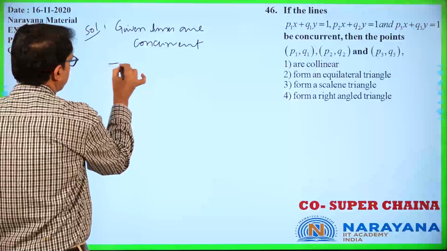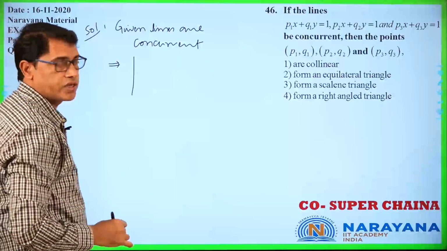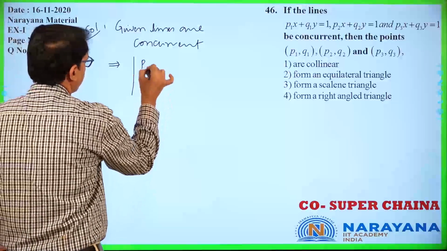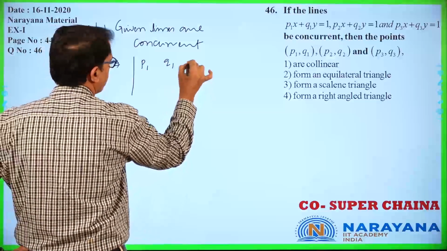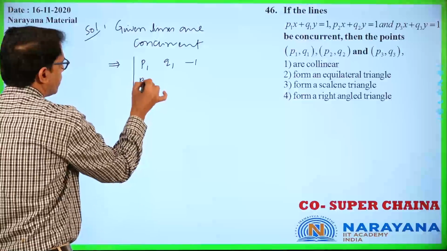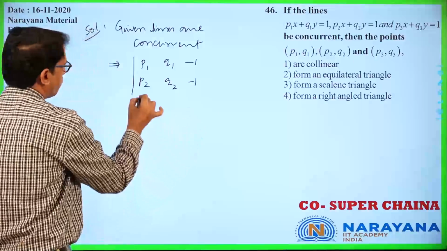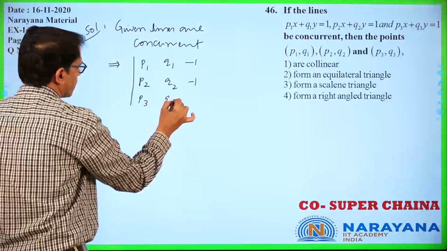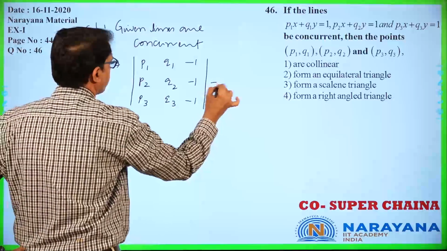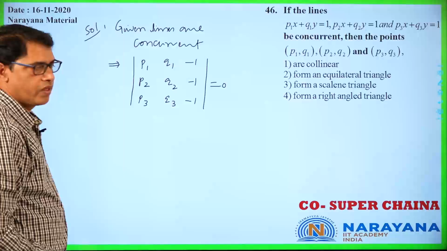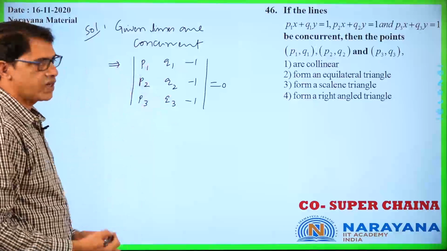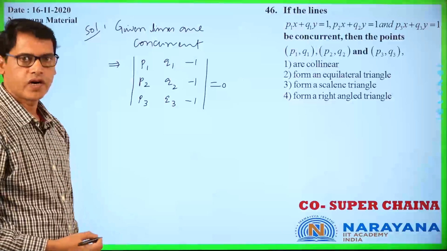That implies the determinant of p1 q1 minus 1, p2 q2 minus 1, p3 q3 minus 1 equals 0. In the next step, you take out minus common and multiply by half on both sides.